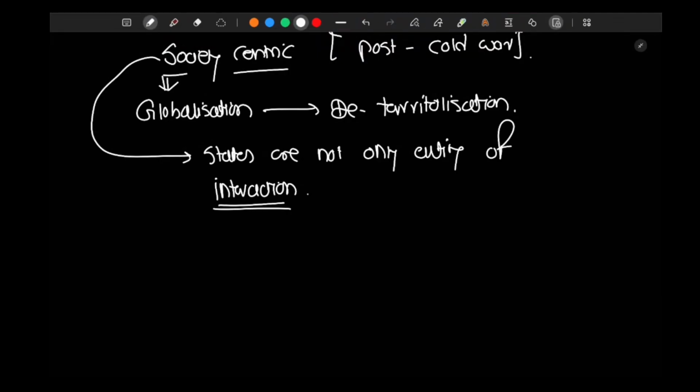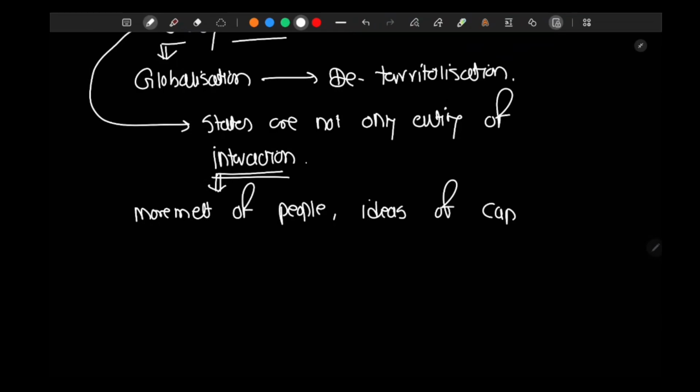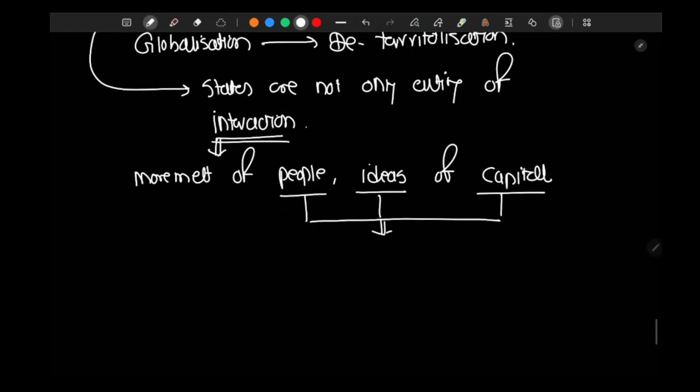There is constant interaction. When there is constant interaction, there is movement of people, of ideas, of capital. When there is such movement, what do you find? You find interdependence.